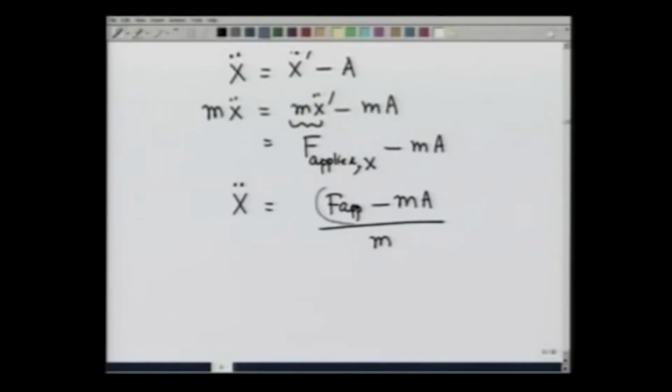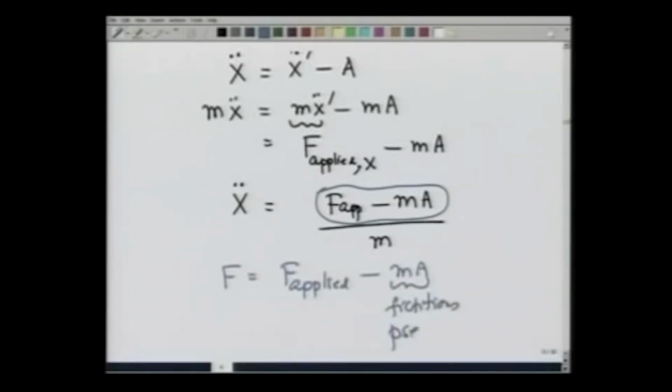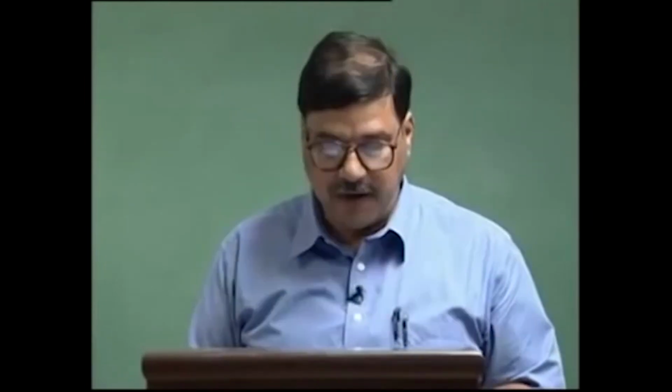This entire thing is like a new force which is calculated by F equals F applied or external minus m a, which is a fictitious or a pseudo force introduced to account for this kinematic effect. The kinematic effect is because I am sitting in a frame which is accelerating, I see things accelerating past me for no apparent reason.